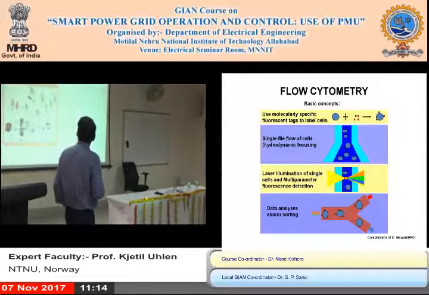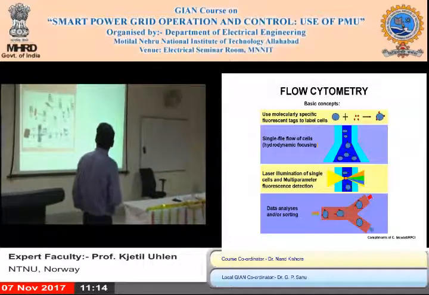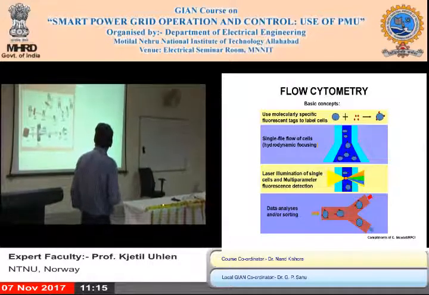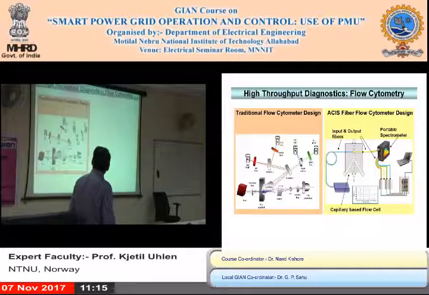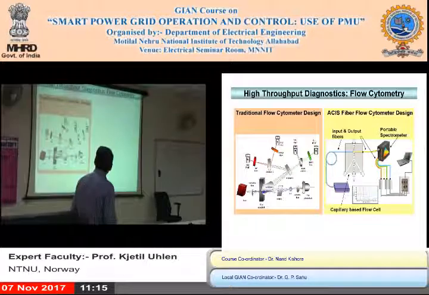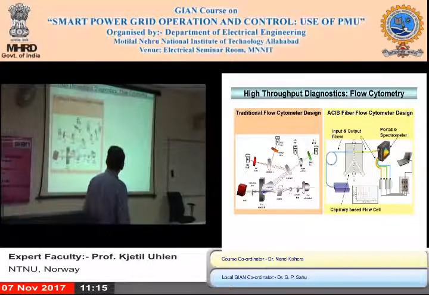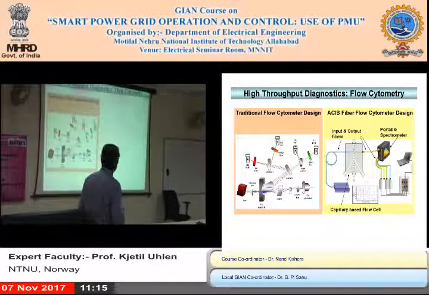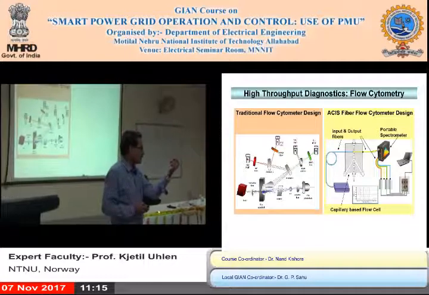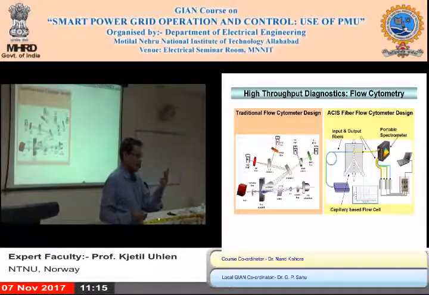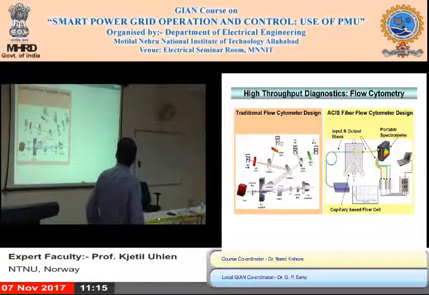These are some fancier designs. Normally, this is what you do in the train. You have laser light focused through here, and then you collect light and separate it through different filters to different ports, and you monitor forward scattering, side scattering, and emission fluorescence, these parameters.